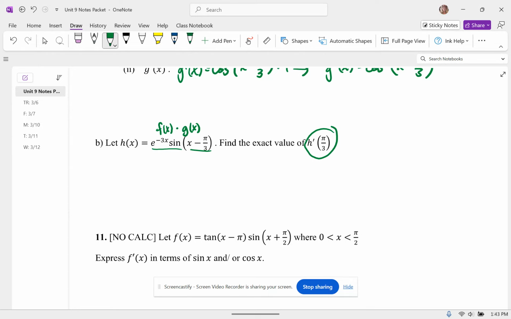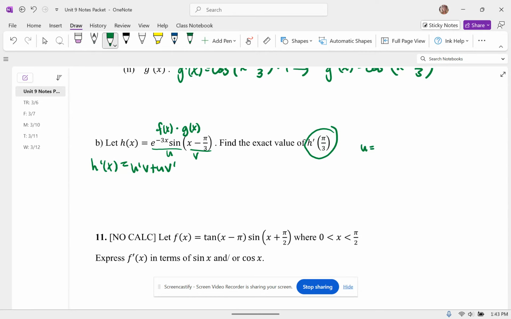h, which I already have all the parts that go in there because it's a product rule, right? So I would have h prime of x is equal to, so it'd be u prime. So negative 3. Let's change these to u and v, right? So it'd be u prime v plus u v prime.